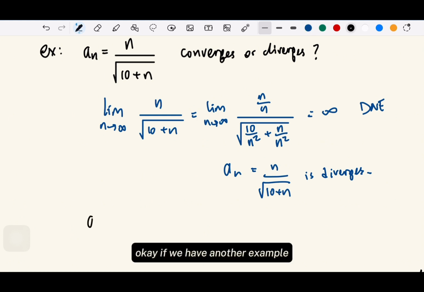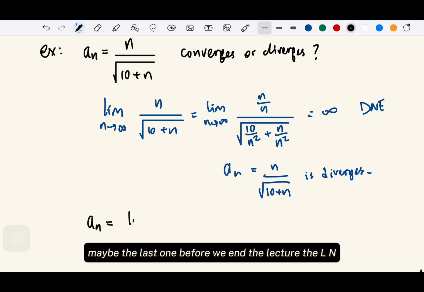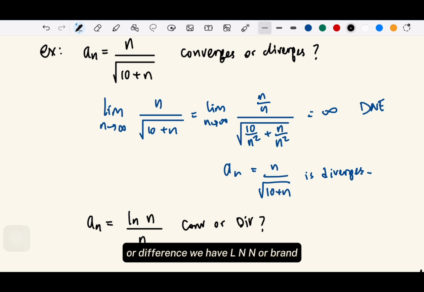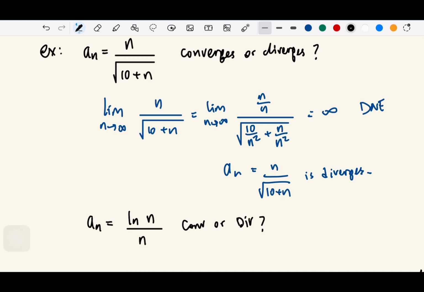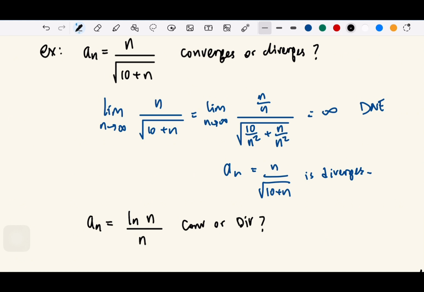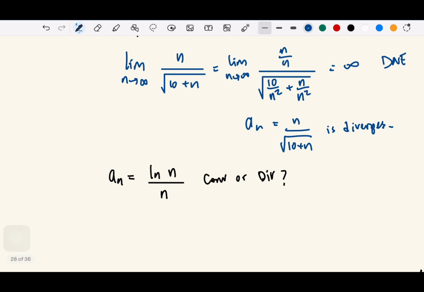If we have another example, maybe the last one before we end the lecture. The sequence ln n over n, does it converge or diverge? How do we confirm this? Of course, we take the limit first.